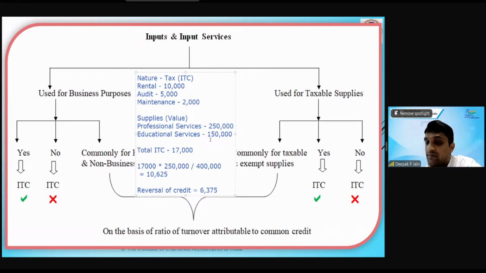Only negative credit will be transferred to the next month. So if you have more credit than your output tax, then that will get transferred to the next month. Reversal will not get transferred. ठीक है, क्लियर है यहां तक?